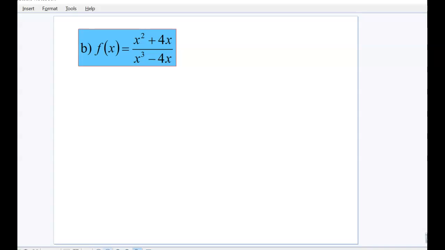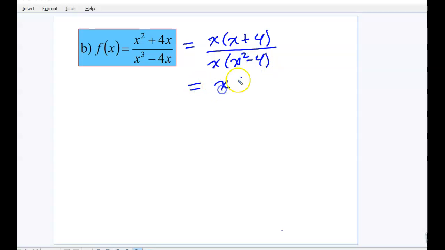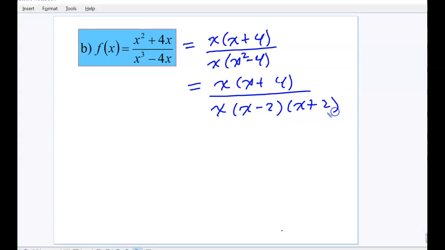Okay, in the next example, same idea, but before we list the non-permissible values, it might be advantageous to factor this. So again, I have x plus 4 in the numerator, all over x, and I have a difference of squares still. So I have 3 non-permissible values. X cannot be 0, 2, or negative 2.